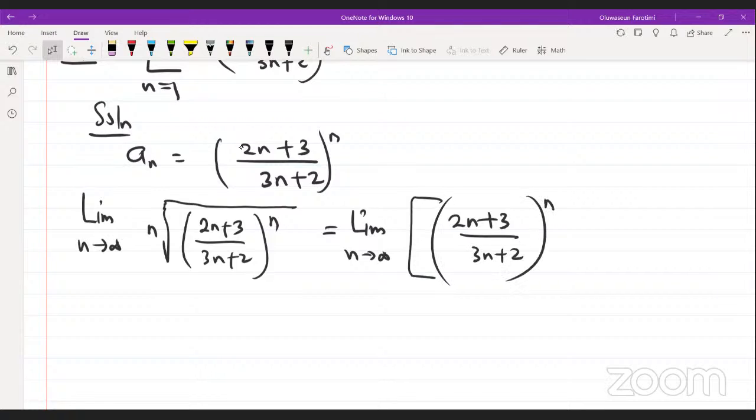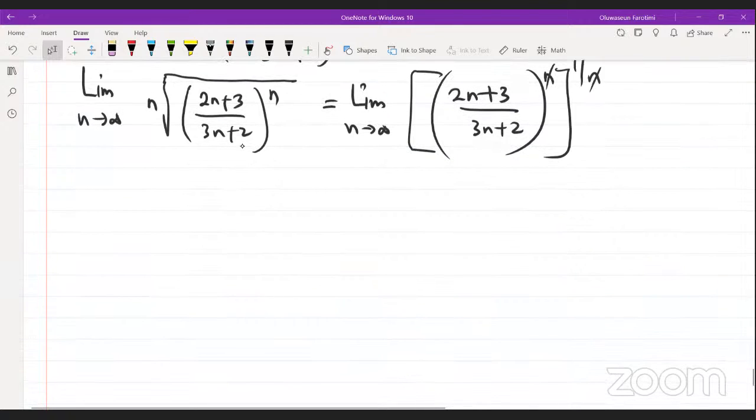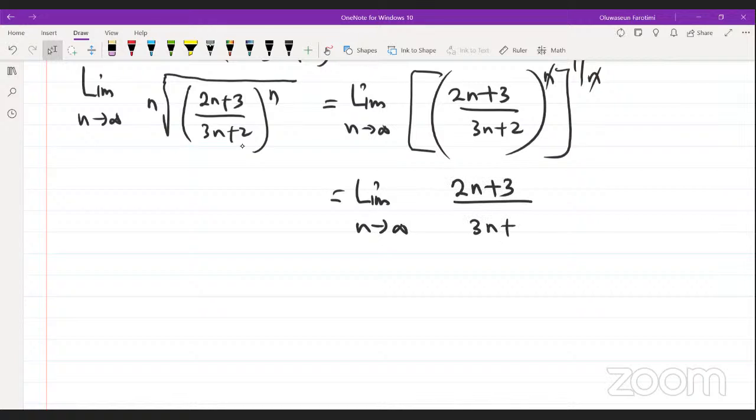Keep in mind that you have an n here, but this is the nth root of something, so you have 1 over n. This takes off that. Amazing. Limit as n goes large of 2n plus 3 divided by 3n plus 2. This limit is just 2 over 3. My L is 2 over 3. Is it less than 1 or bigger than 1? It is less than 1.